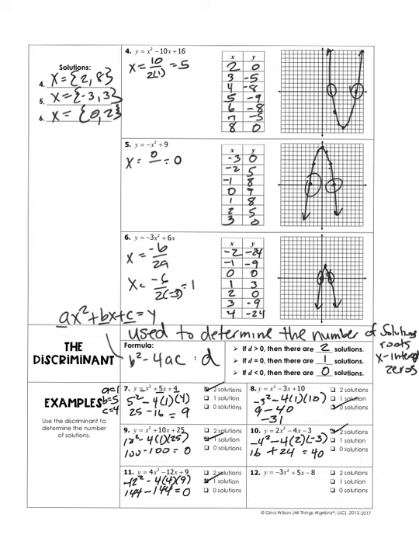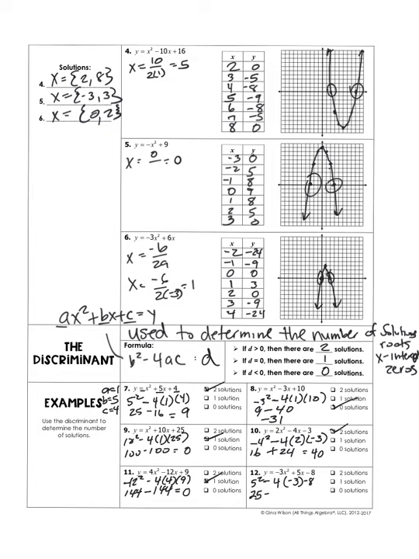All right, number 12. 5 squared minus 4 times negative 3 times negative 8. 5 squared is 25. 4 times negative 3 is negative 12, and a negative and a negative is a positive 12.